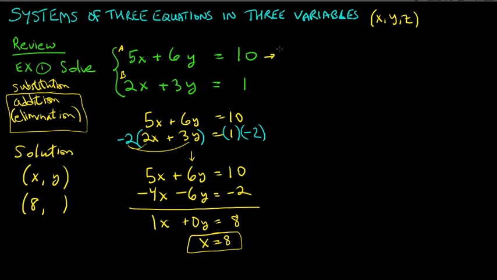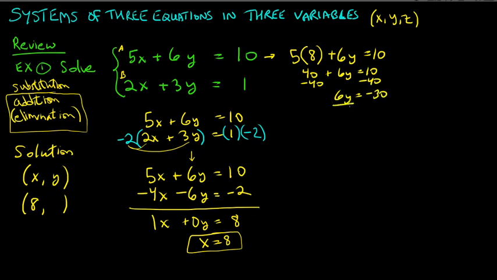I'll plug it into A. So if x is 8, this is 5 times 8 plus 6 times y equals 10. So 40 plus 6y equals 10. Subtract the 40 from both sides, and you get 6y is equal to negative 30. Divide by 6. Negative 30 divided by 6 is negative 5.